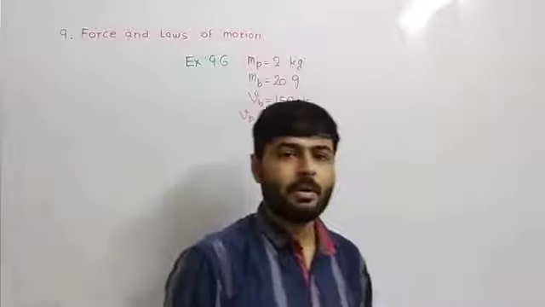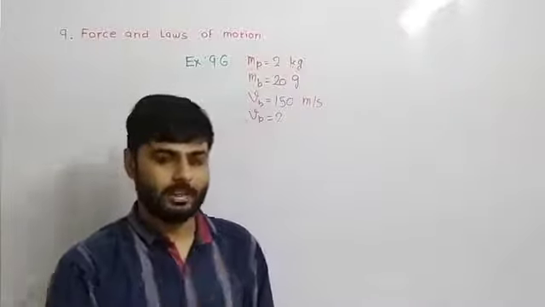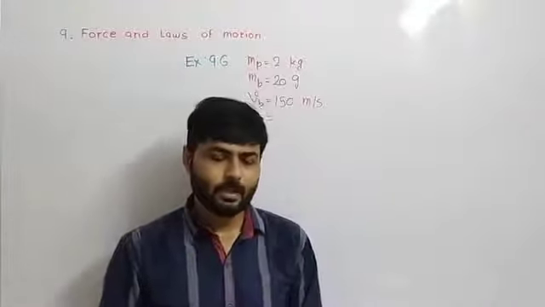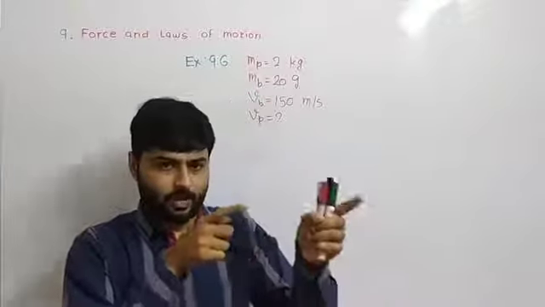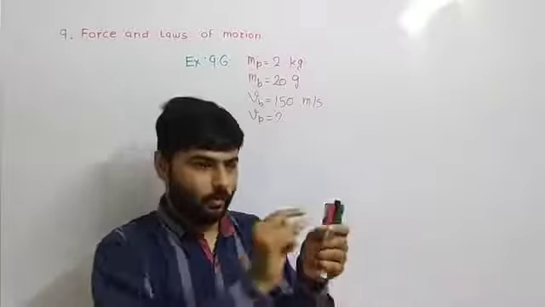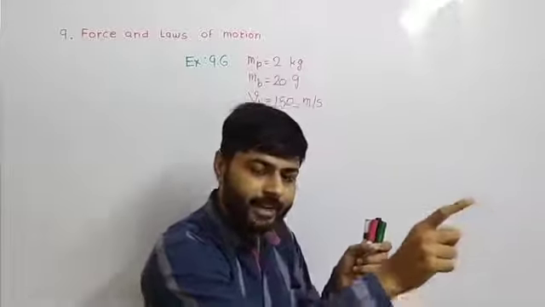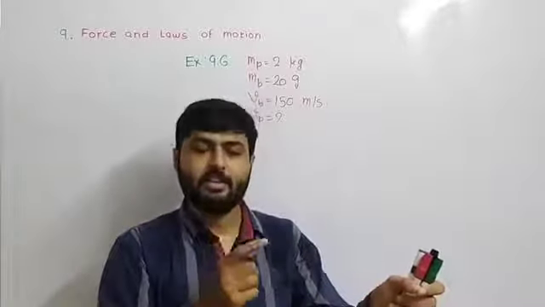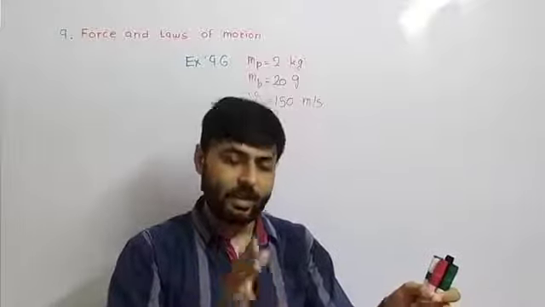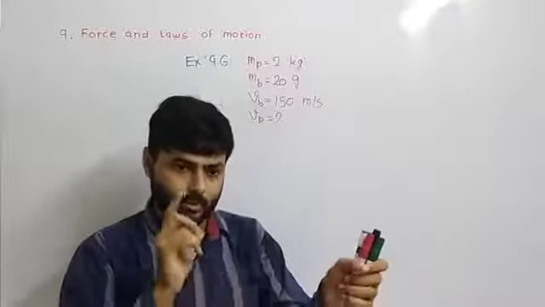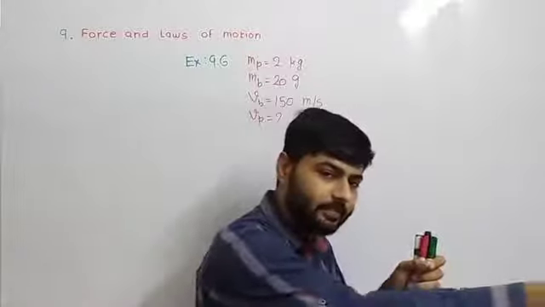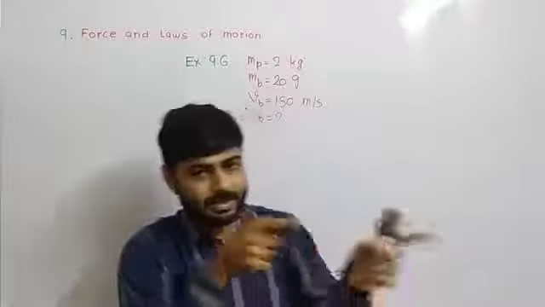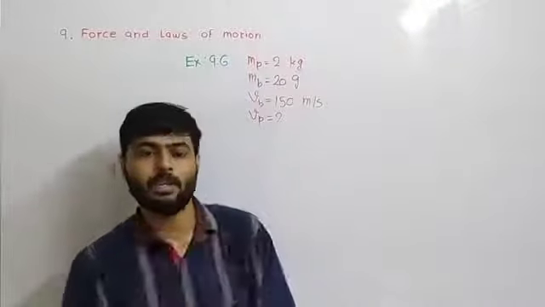So I hope you remember what is recoil velocity. We have discussed recoil force. When we fire a gun, we know that by the third law, when the bullet is fired, the bullet exerts a force on the gun that is equal in magnitude and opposite in direction. So the force on the bullet is in this direction, and the force exerted by the bullet on the gun will be in the opposite direction.